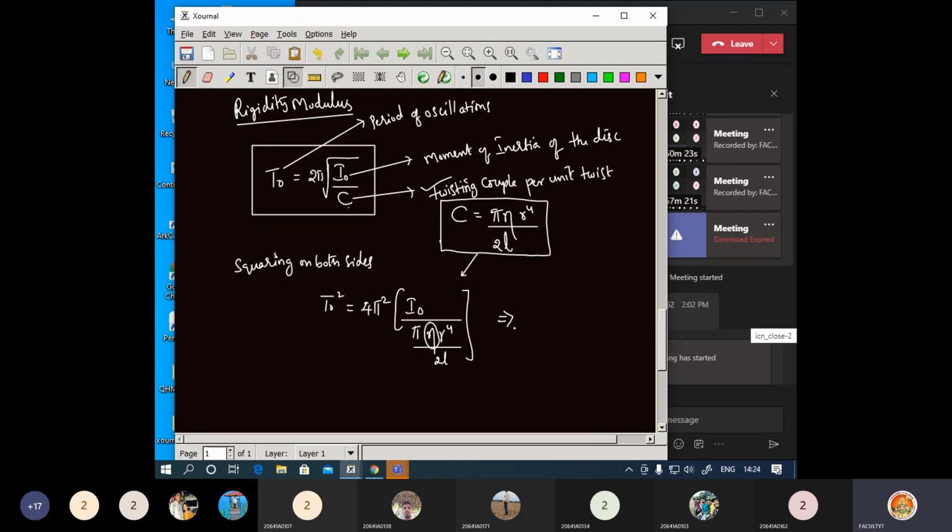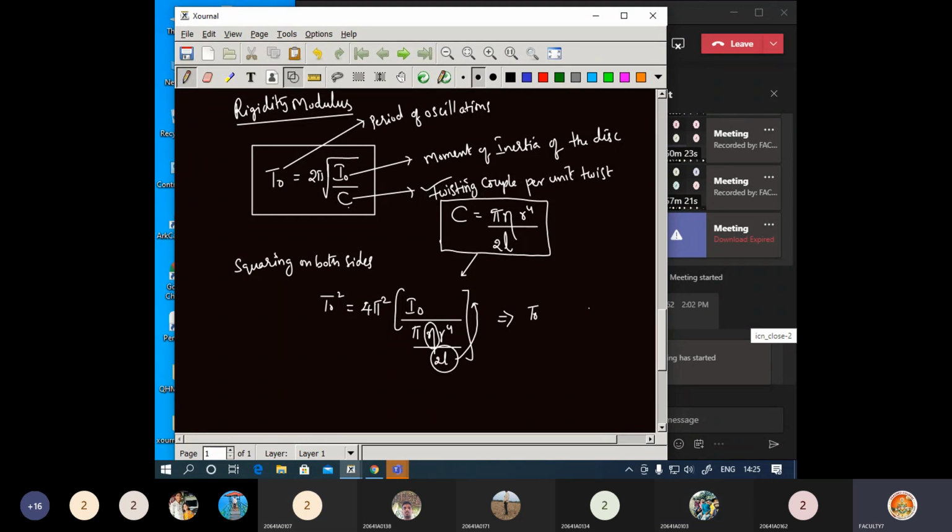First you bring this factor onto the numerator: 4 pi square I0 by pi eta r power 4, and the 2L should go to the numerator. Now here 2 is there.